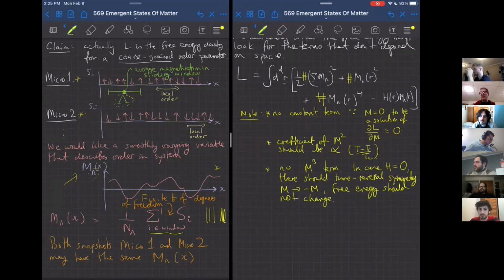So this is just the same thing as saying that the Ising Hamiltonian, when I flip all the spins in the external magnetic field, gives you no change.